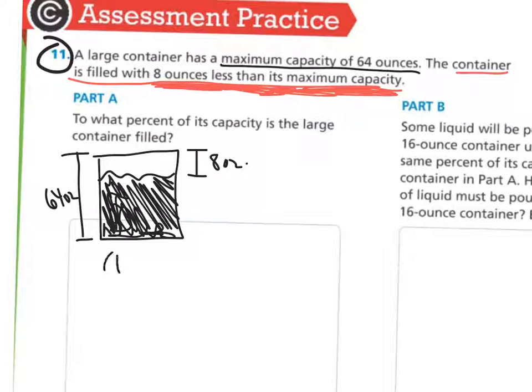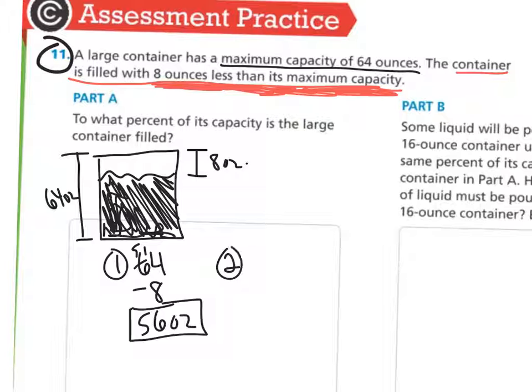So first of all, if we do 64 minus 8 is 56, that'll tell you that we have it filled up to 56 ounces. And then the question is, what percent of the capacity is that?